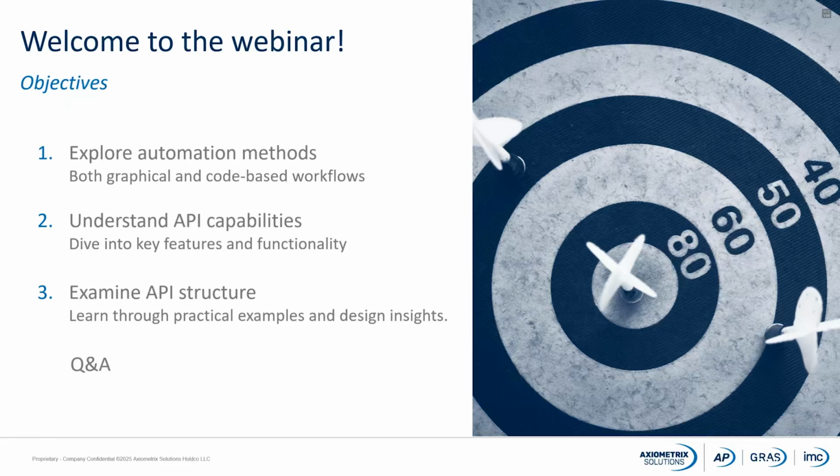Then we'll dive into understanding the API capabilities in more detail, looking into its key features and functionality. And then lastly, where we will spend most of our time is in examining the API structure, specifically through some practical examples, code snippets, and design insights.